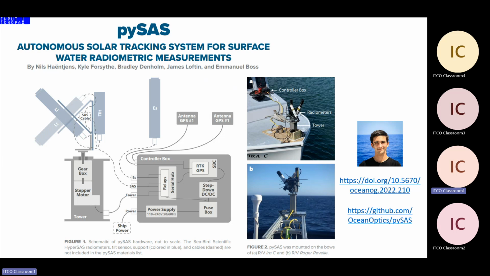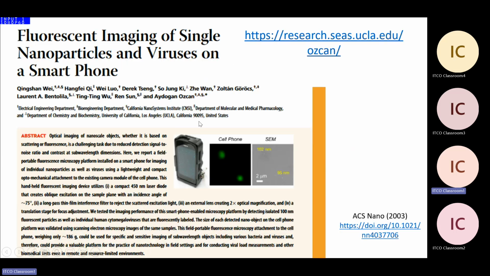So this is the Satlantic HyperSATS radiometer system that's been mounted to an open source designed gearbox, stepper motor, solar tracker system, as well as controller box and GPS and everything else. So that's all freely available information. Download it, build these. You want to mount your radiometers on the front of the boat or dock.